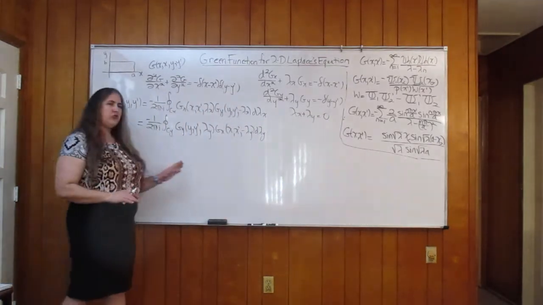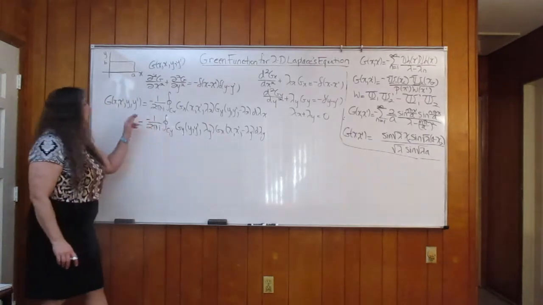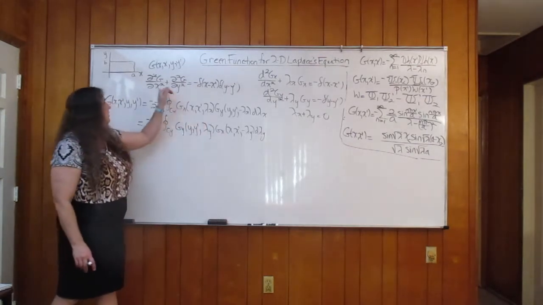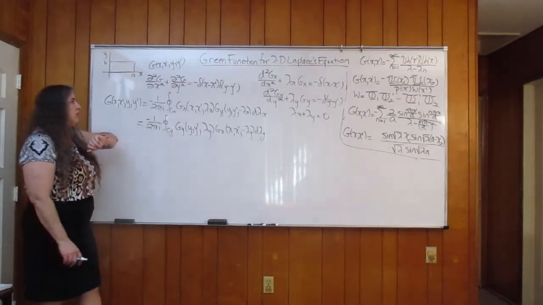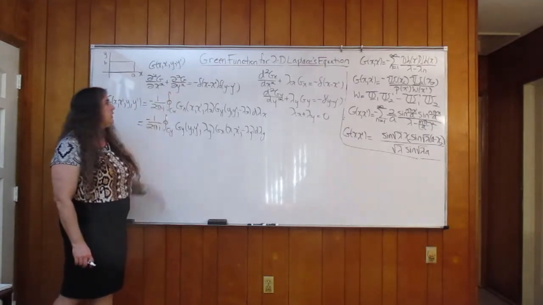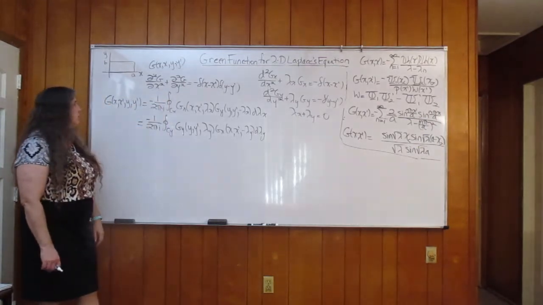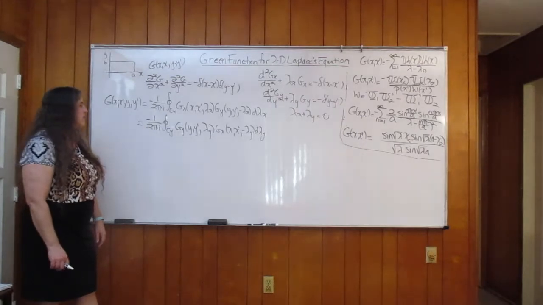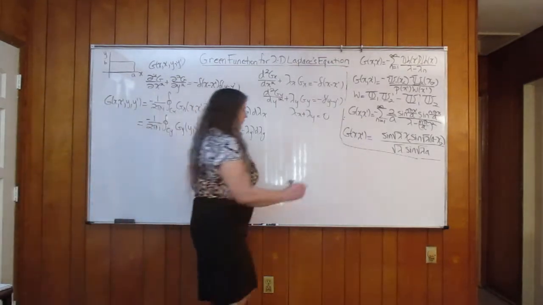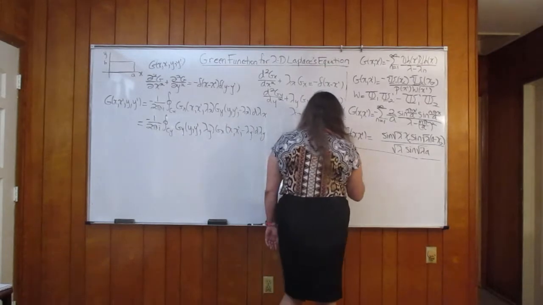Now, the way I'm going to show that this solution is valid is by doing a direct substitution of this into the counterpart, Green's function counterpart for the two-dimensional Laplace's equation. Okay? And I'm going to make use of that theorem that we just proved.